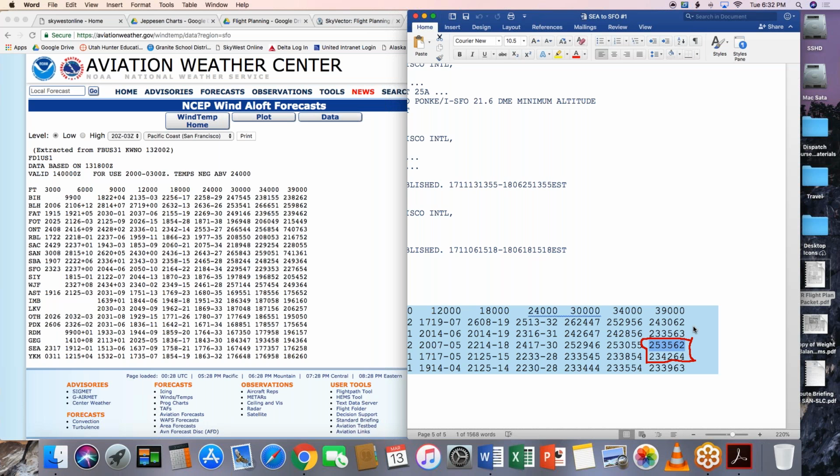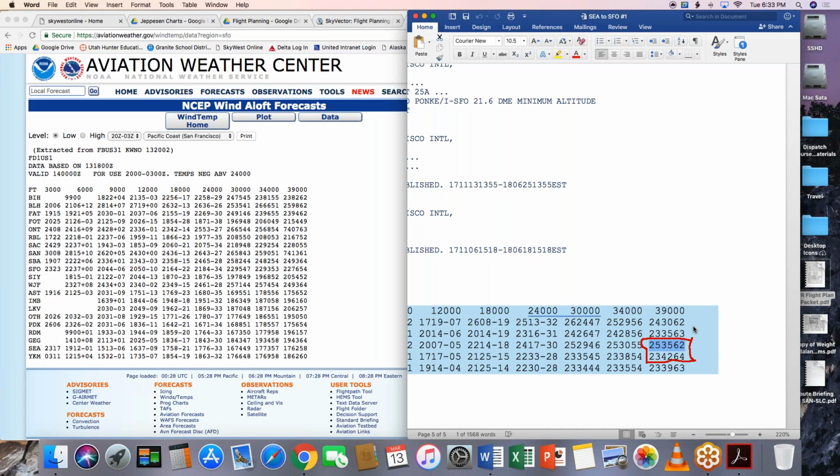Okay, so now that we're doing temps, what if I have a winds aloft forecast that says this? You guys remember this? Exactly. We subtract 50 from 77, minus 50, and that equals what?